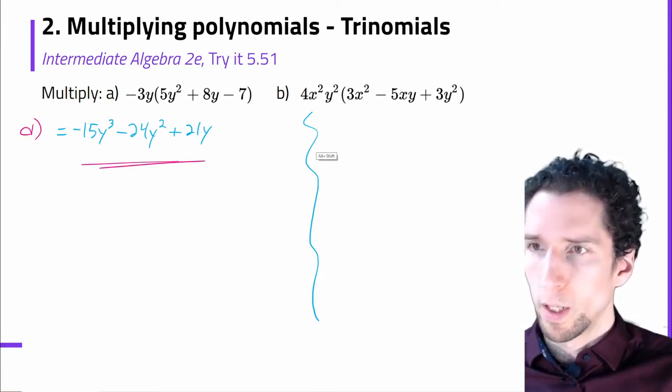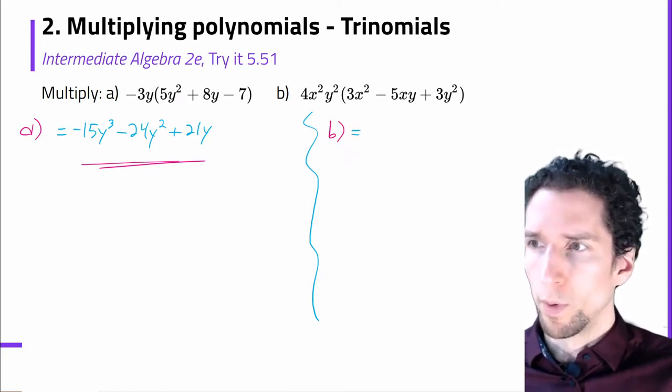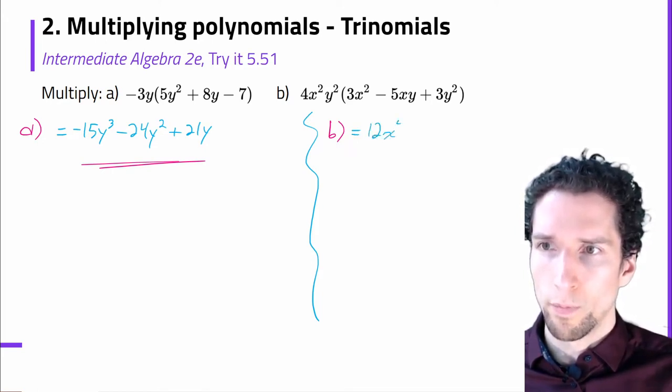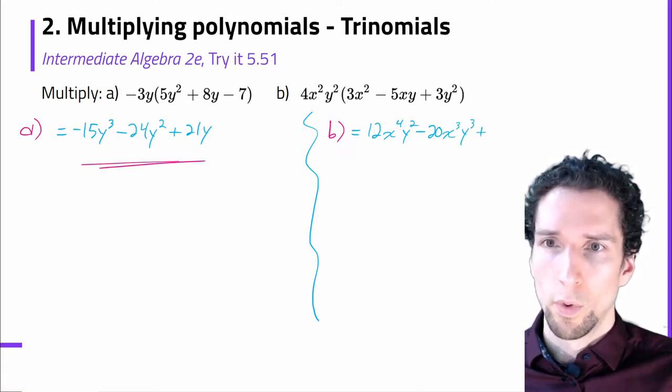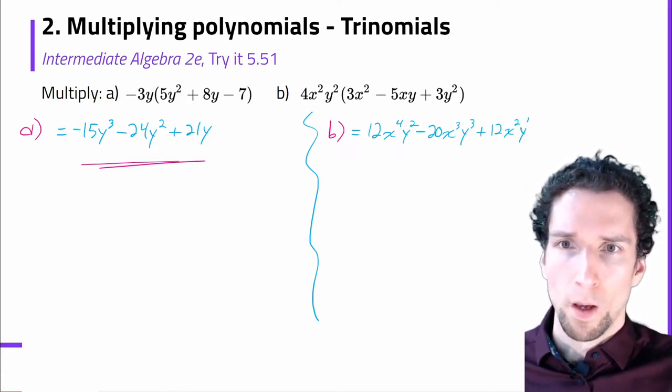All right, on the other side, if we multiply these, we will get 4 times 3, 12, x squared, x to the exponent 4, and y squared here, minus 20x cubed y cubed, and then plus 4 and 3, 12x squared and y to the exponent 4.